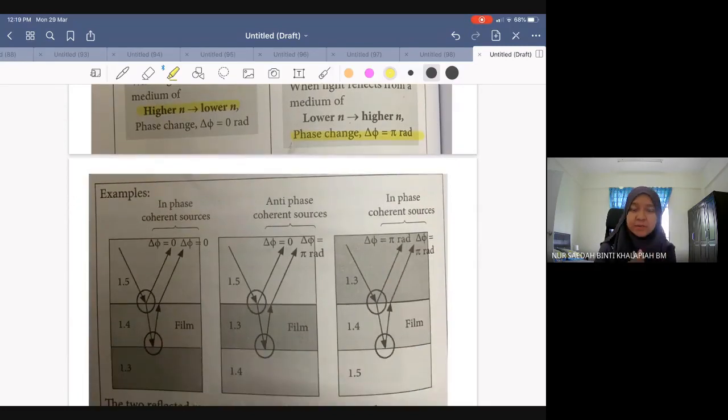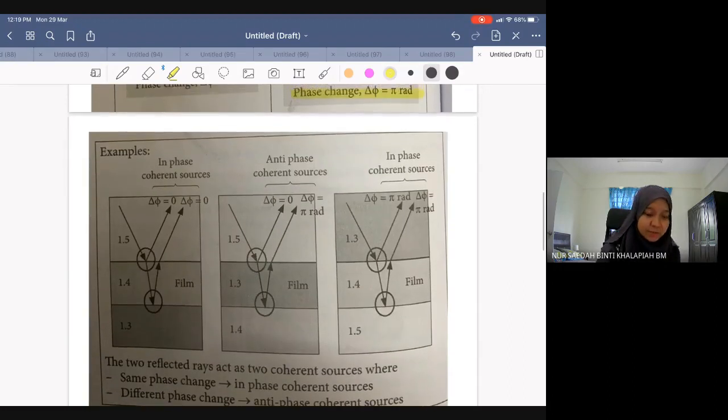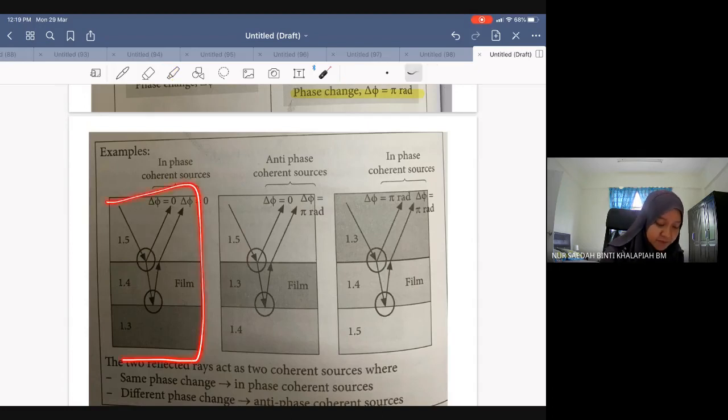Okay, to make sure you understand the process of thin film, we have three examples here. Looking at the first example, we have three media. You need to draw the three media, and the thin film must be the second medium, in the middle.